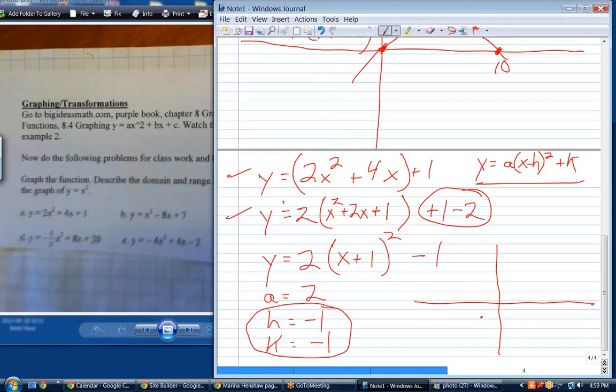What's the easiest point to find at this point? The vertex? Well, we've already found it. Here's the vertex right here, -1, -1. But to graph any parabola, you need 3 points. 3 points define a parabola.